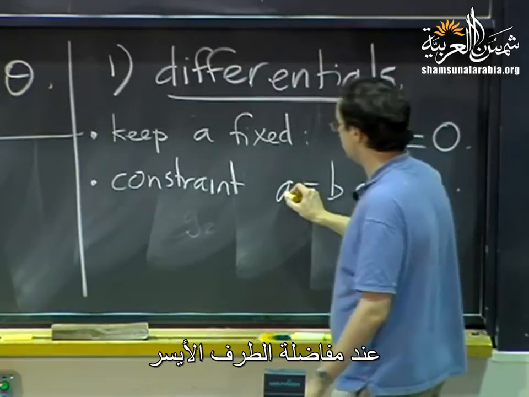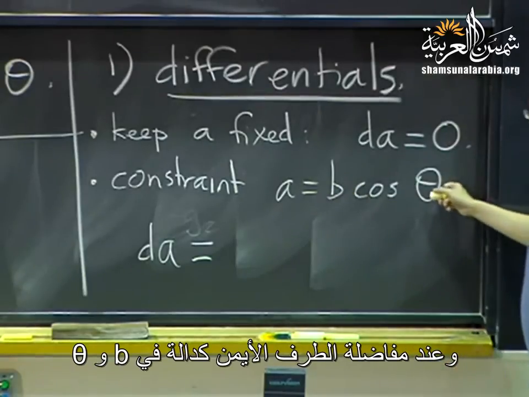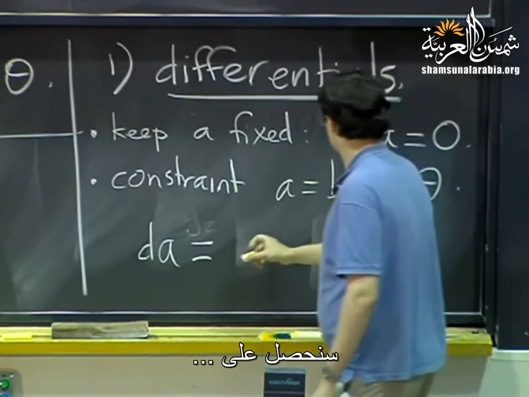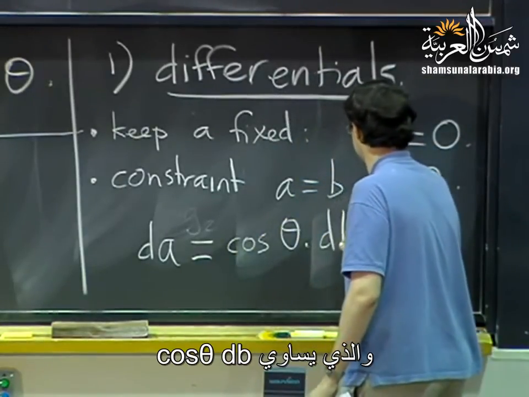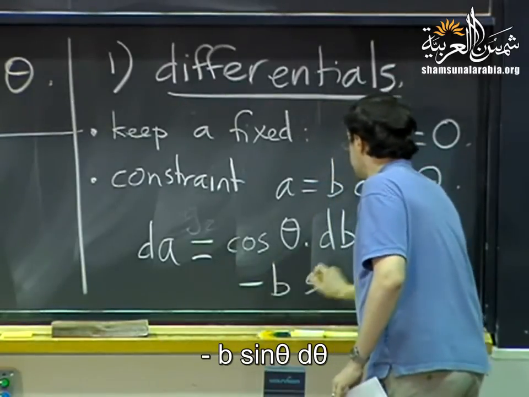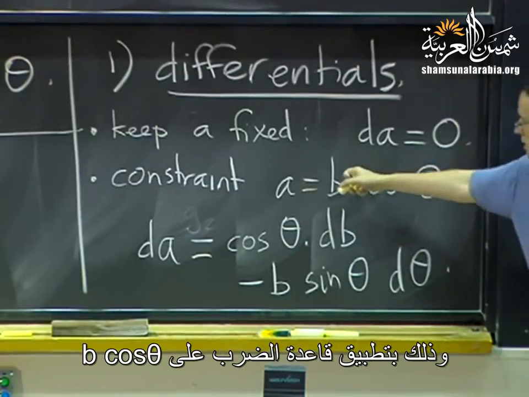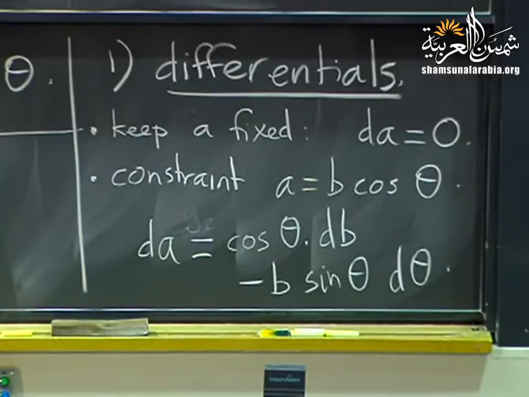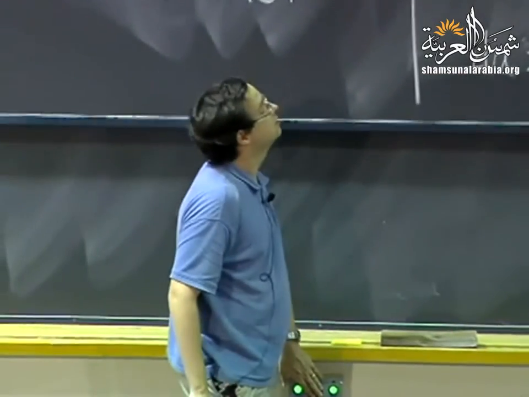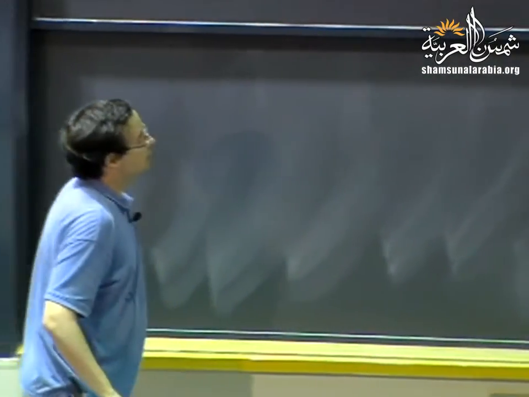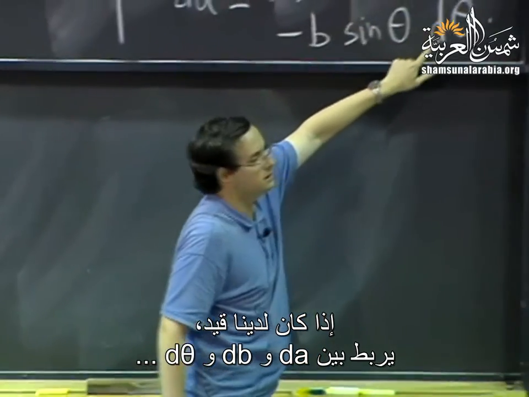Well, differentiate the left-hand side, you get dA. And differentiate the right-hand side as a function of b and theta, you should get, well, how many dBs? Well, that's the rate of change with respect to b. That's cosine theta dB minus b sine theta d theta. Okay, that's the product rule applied to b times cosine theta. So now we have a constraint that's relating dA, dB, and d theta.